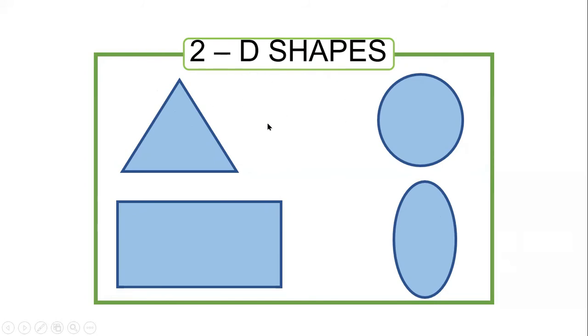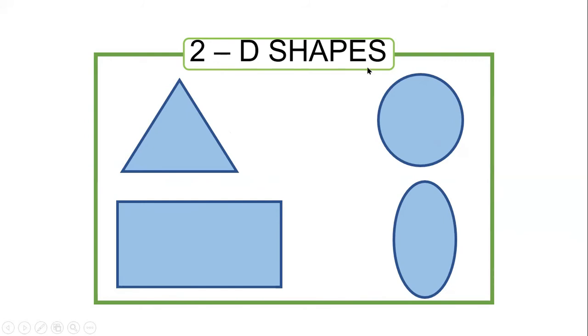So when we talk about 2D shapes, these are some of the examples. All of them are called 2D shapes.